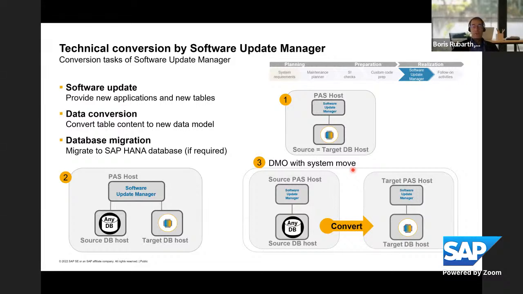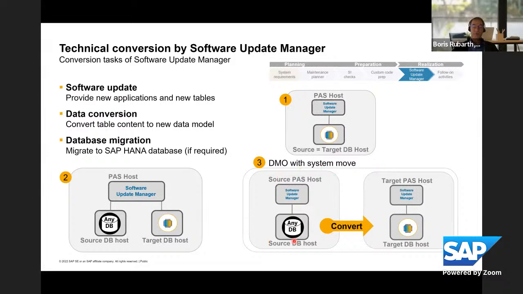We would like to introduce new hardware as part of the downtime, or move the system from one data center to a different one, or move the system from on-premise to a hyperscaler infrastructure as a service. Then DMO with system move would be the approach that the software update manager offers.